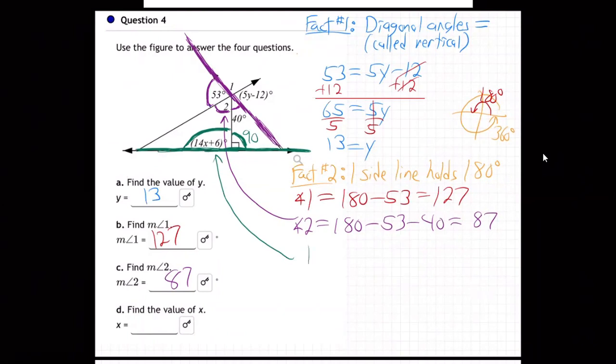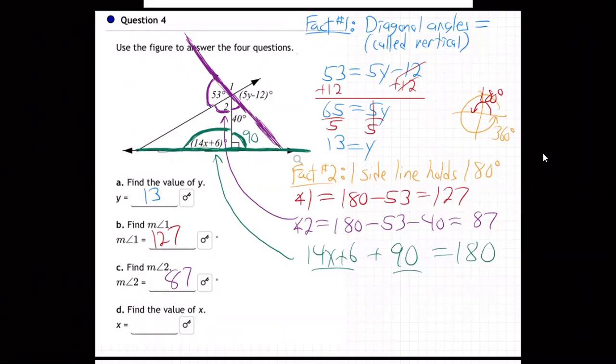So in other words, 14x plus 6 plus the 90 has to total 180. So we just keep using this one side of a straight line holds 180 thing.